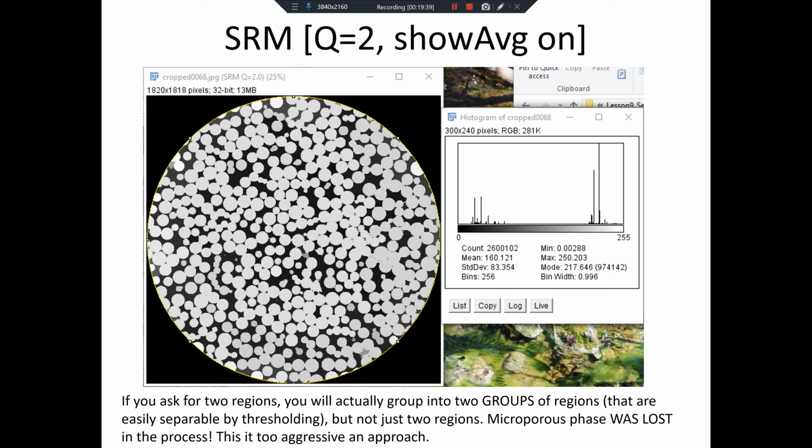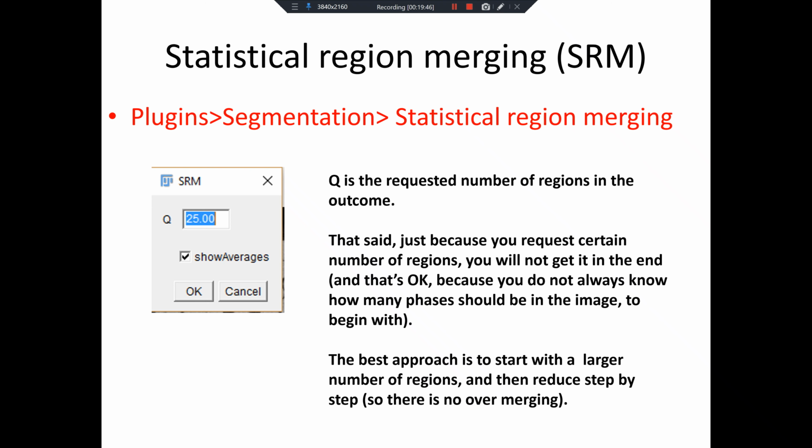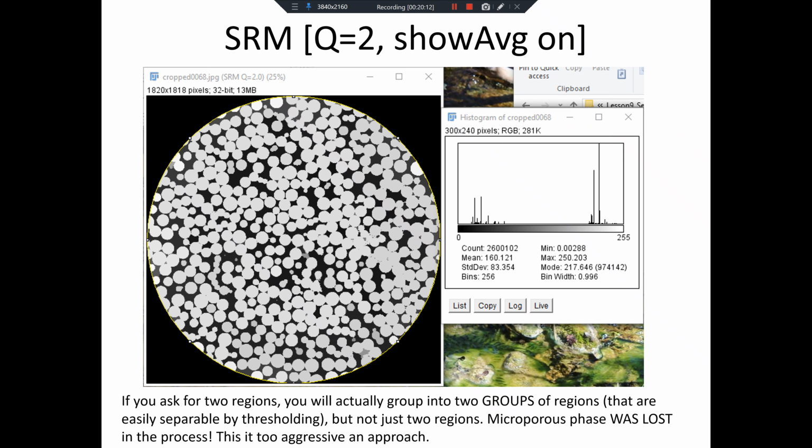So if you try statistical region merging, it is a suggested approach. This is sort of the result.